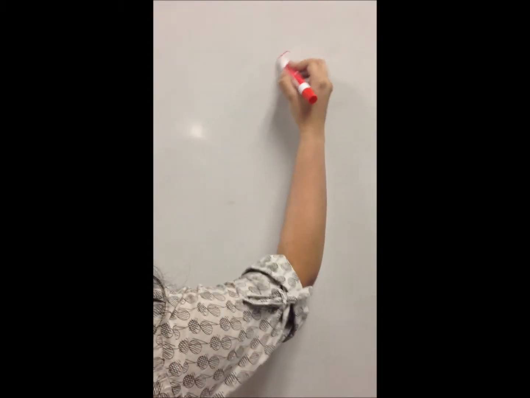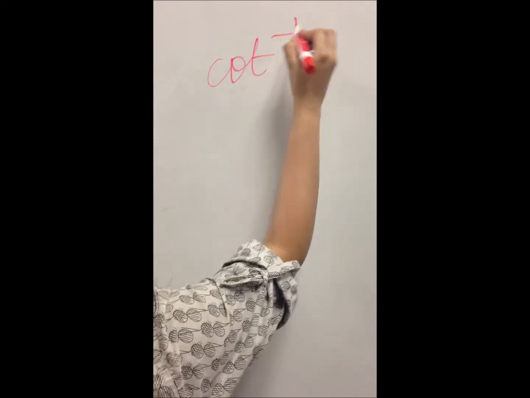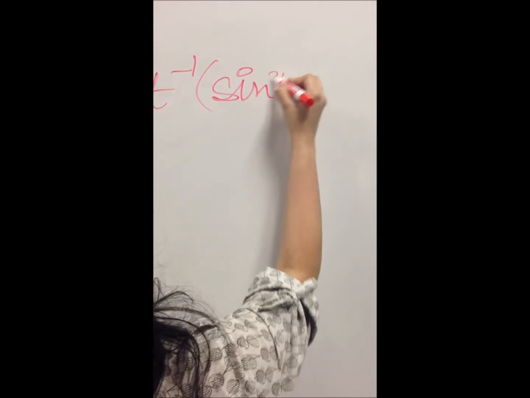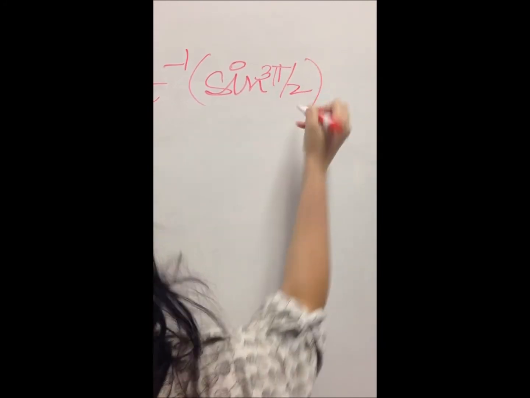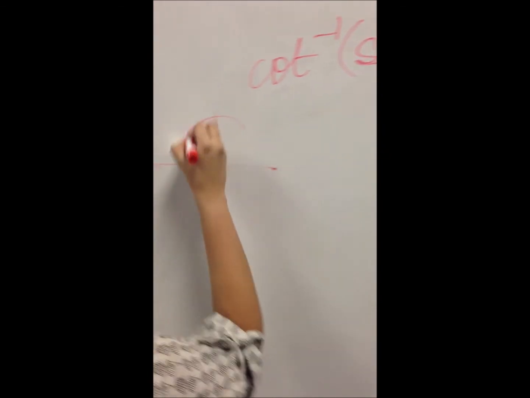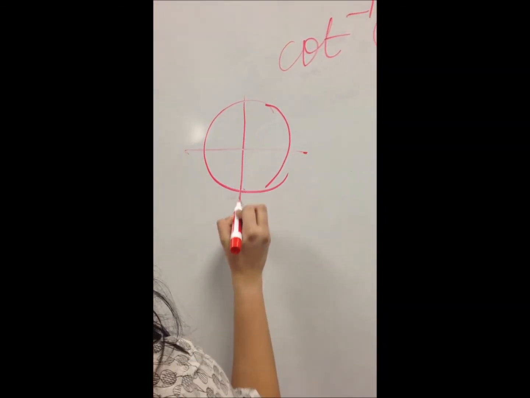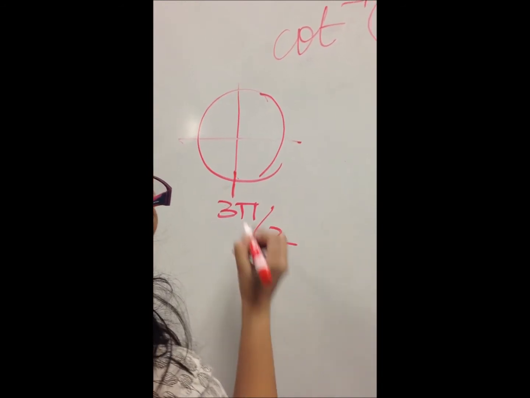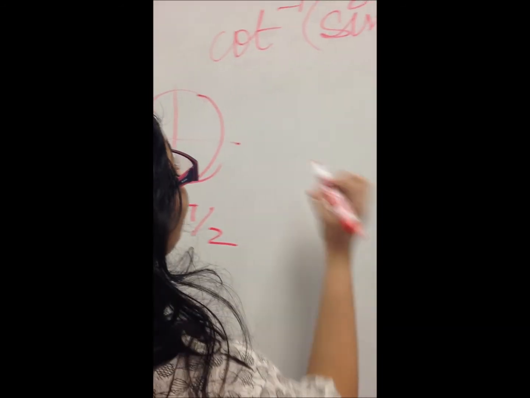Another example would be the inverse cotangent with sine inside the brackets, sine 3 pi over 2. Sine 3 pi over 2 would be exactly here on the unit circle, and the value of this angle is -1.